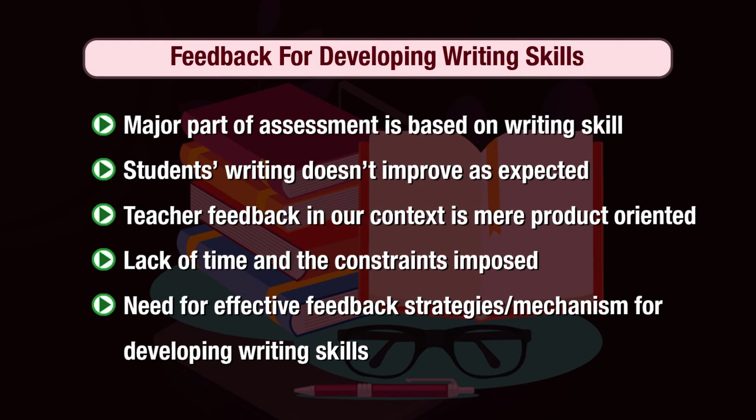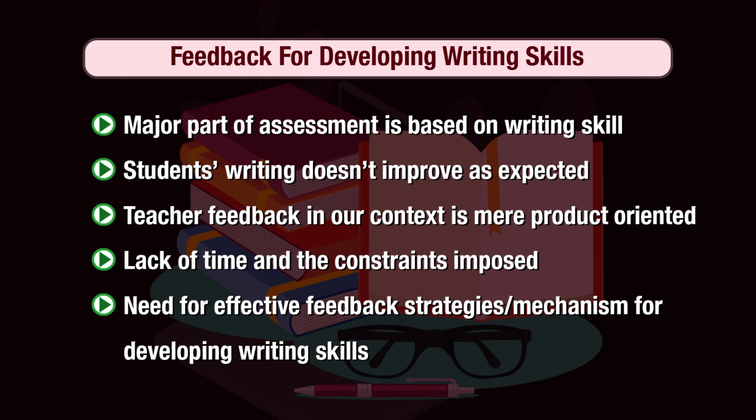A major part of assessment, irrespective of subjects, is based on the writing skill. In India, all educational courses end with students giving one or the other test, which is majorly in the form of a written exam. However, it is a fact that students' writing doesn't improve as expected because of the traditional method of giving feedback, generally in terms of marks. Teacher feedback in our context is merely product oriented.